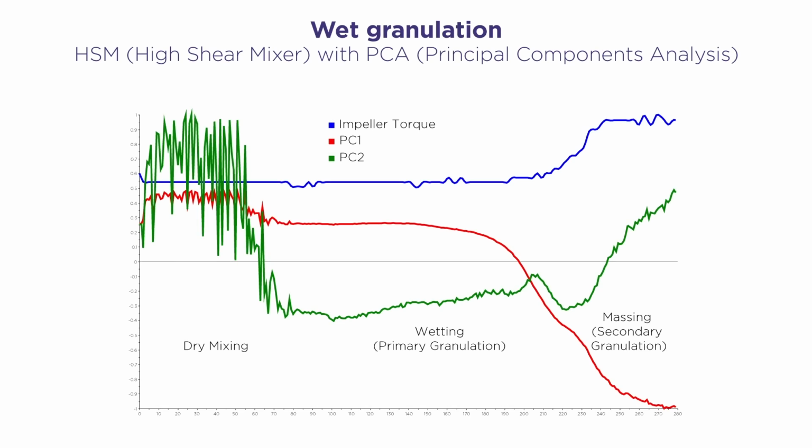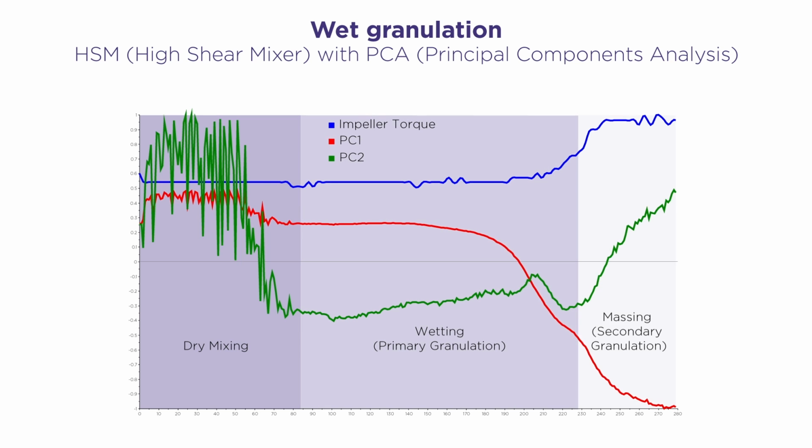This plot shows PC1 and PC2 and the impeller torque over the time. As you can see, the three process steps are very clear to identify. Under this perspective, principal component analysis is not bringing any value, but we are just confirming what we have already seen with the moving block standard deviation.